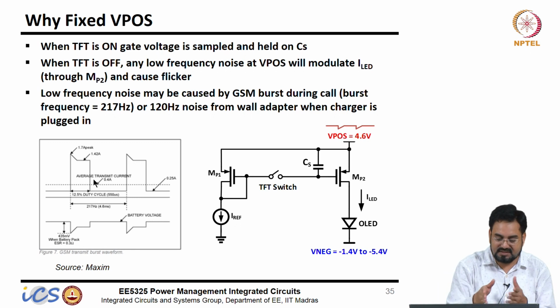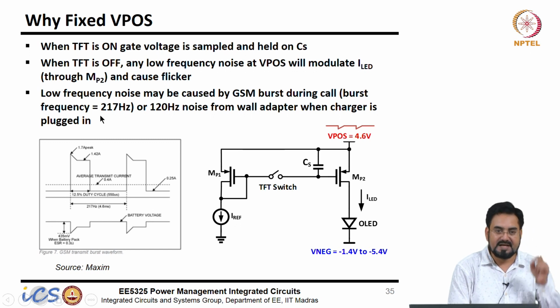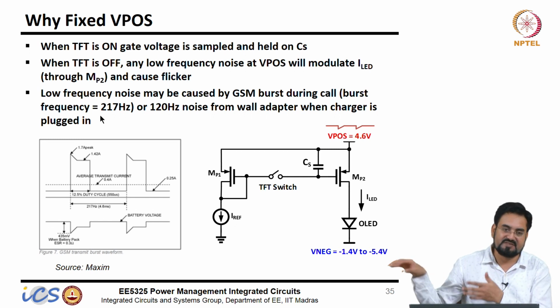That transmission is done at some particular rate, which is 217 hertz, and that is what we call GSM burst. But this rate is much lower when you are not making any call. When the phone is in standby mode, it will be pinging just to check whether anybody is making a call or not. But the moment the call is placed, this frequency will increase.